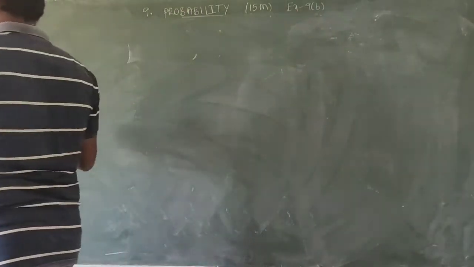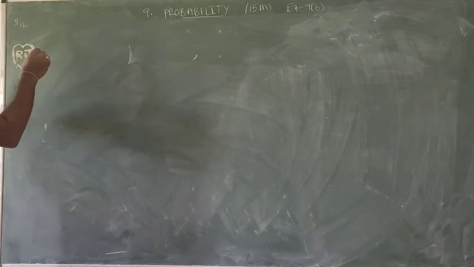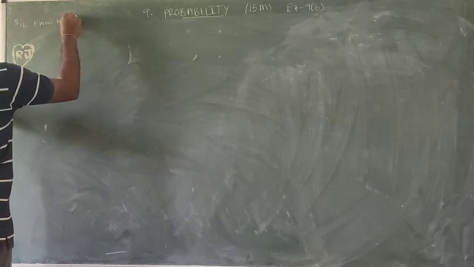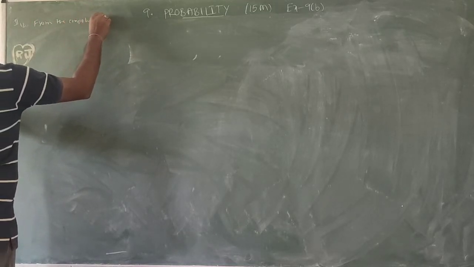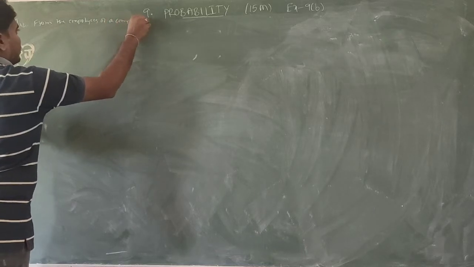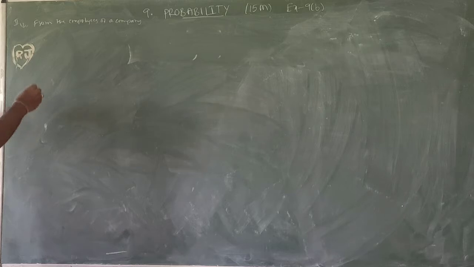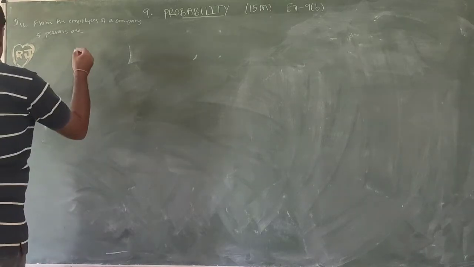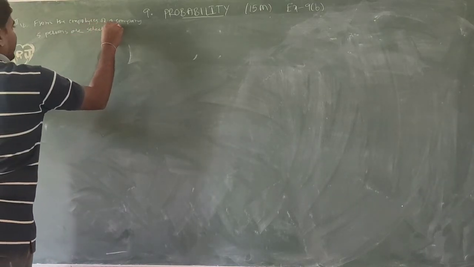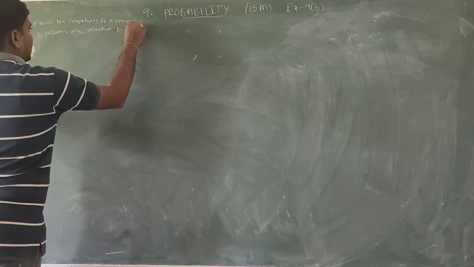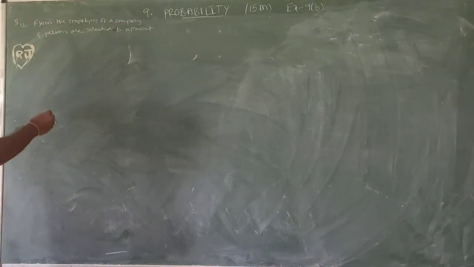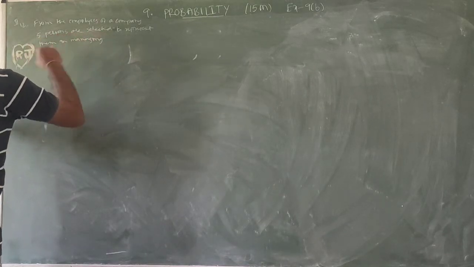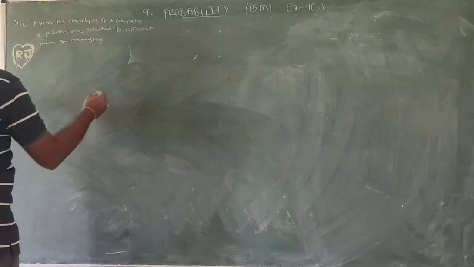Second bit, 12th question. From the employees of a company, 5 persons are selected to represent them in the managing committee of the company.